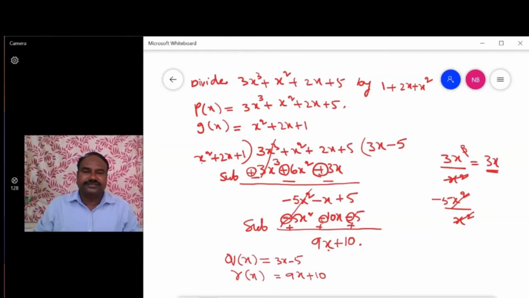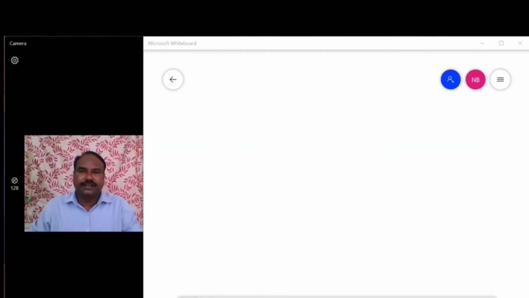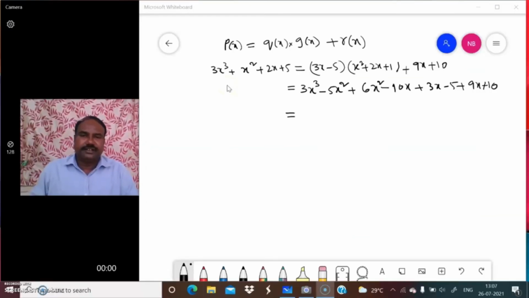Now we can check this division algorithm using this p of x, g of x as well as this q of x and r of x. Let us verify the division algorithm for this. We know that according to the division algorithm, p of x is equal to q of x into g of x plus r of x.